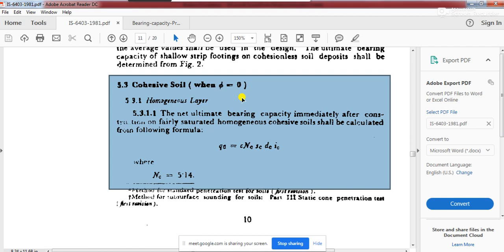In the case of net ultimate bearing capacity, you are just subtracting the value of gamma d, right? So only the portion of C will remain in the equation, and that is going to give you the net ultimate bearing capacity of soil. Okay. So the net ultimate bearing capacity for a purely cohesive soil when phi is equal to 0 will be given with only these terms: C, NC, SC, DC, IC.